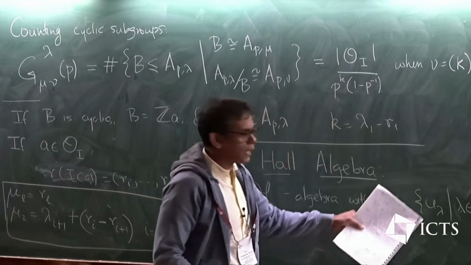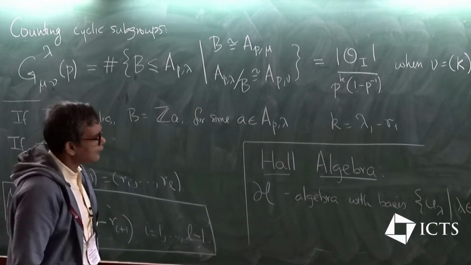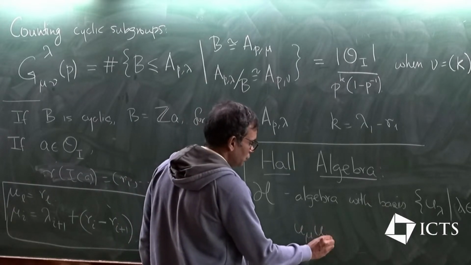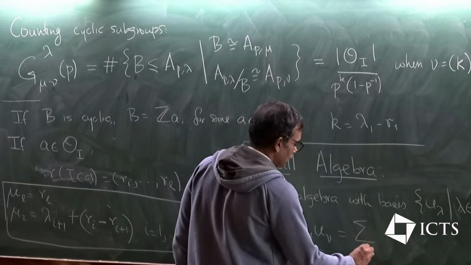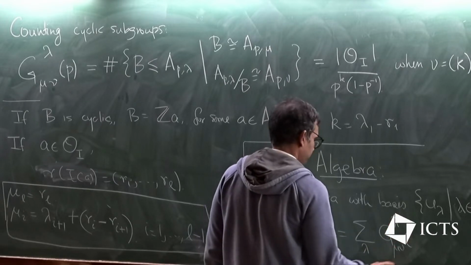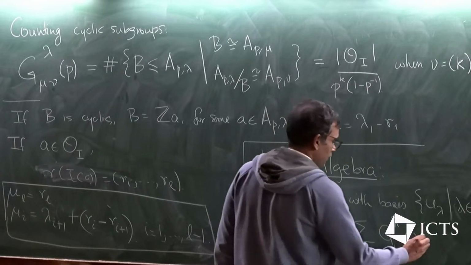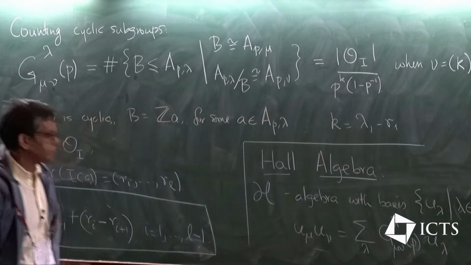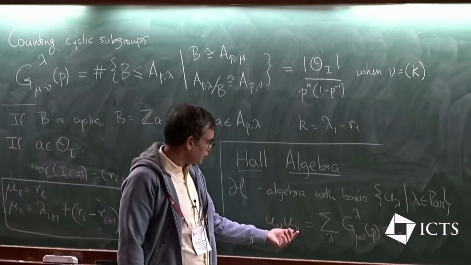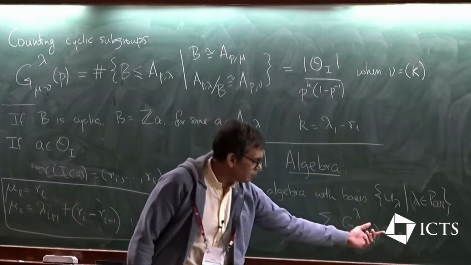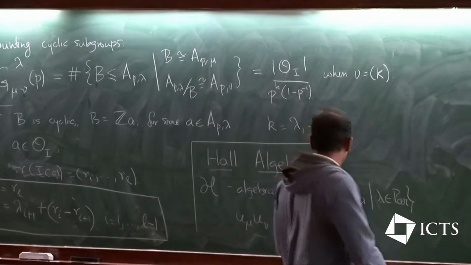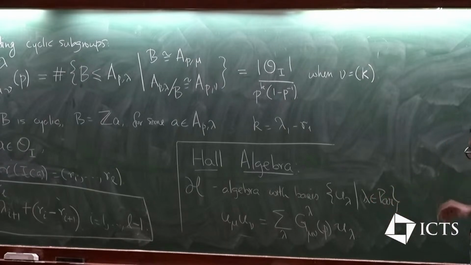These are just some abstract symbols, and multiplication is defined as follows. u_mu times u_nu is the summation over lambda of G lambda mu nu times u_lambda. So the product of the element corresponding to mu and the element corresponding to nu is a sum over basis elements, and the coefficient is the number of subgroups. The first thing to note is that this is actually an associative algebra.